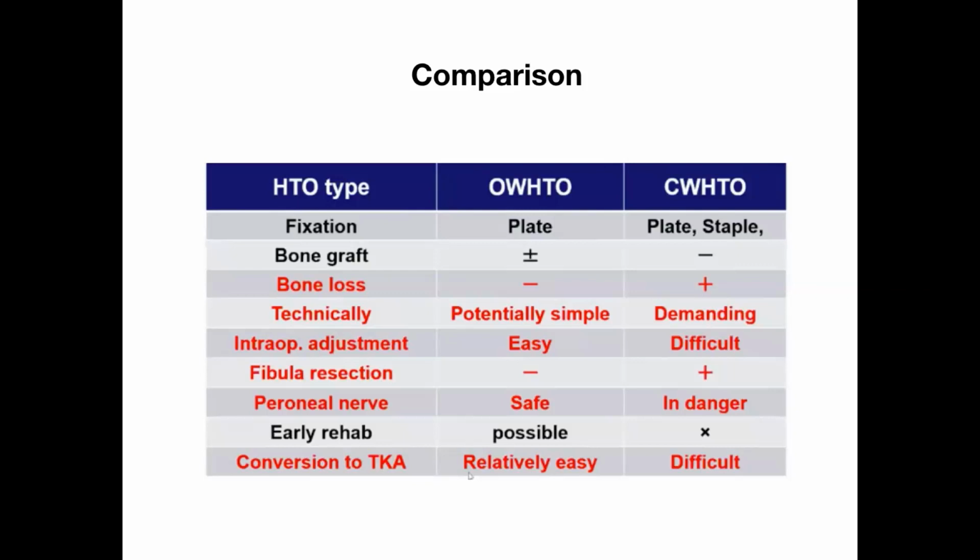There is no need for fibular resection, and during dissection peroneal nerve injury is not a concern because we are working on the medial aspect, whereas in closed wedge there is danger to the peroneal nerve and the patient may have foot drop. Early rehabilitation is good in open wedge, and conversion to total knee arthroplasty is easy in open wedge.